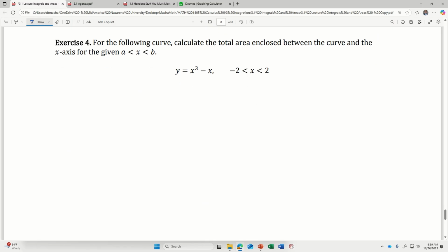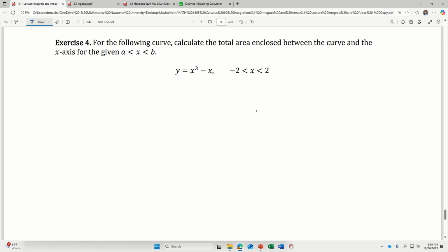For the following curve, and this is, to me, the trickiest kind of question because there's a lot of investigating we have to do for this one. It says, for the following curve, calculate the total area enclosed between the curve and the x-axis for the given interval from -2 to +2.